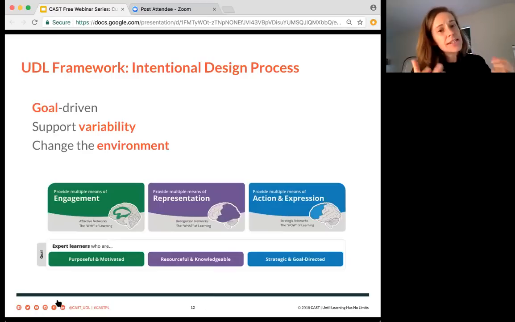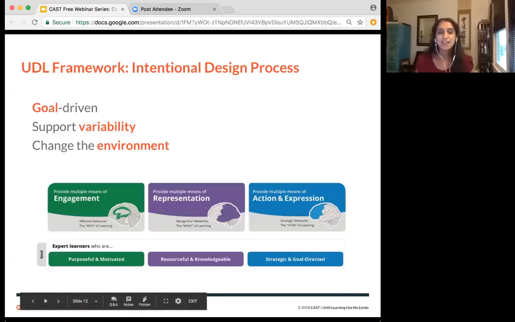But if we step back and think about the UDL framework as an intentional design process that looks to design the environment, not change the individual, thinking about goals, supporting variability, and changing that environment through the lens of multiple means of engagement, representation, and action and expression, how do you find that this framework can really help us to address these implicit biases, help us feel a little more comfortable in our discomfort, which we are wanting to have, so that we can start working through these conversations?